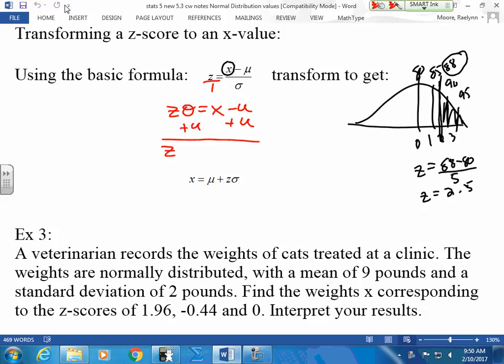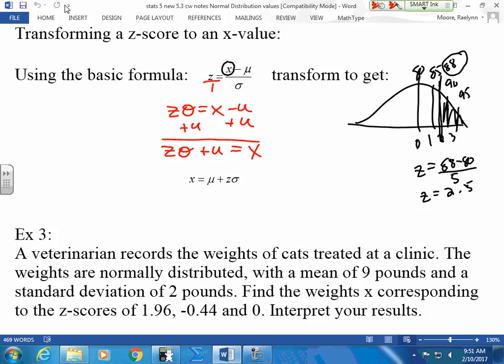So every time I give you an area and you need to find that x value, you're going to look up that area and find the z-score associated with it. Of course, we're going to give you the mean and the standard deviation. You're going to use the same formula, it's just transformed. So now all you have to do is plug it in, you get the x.